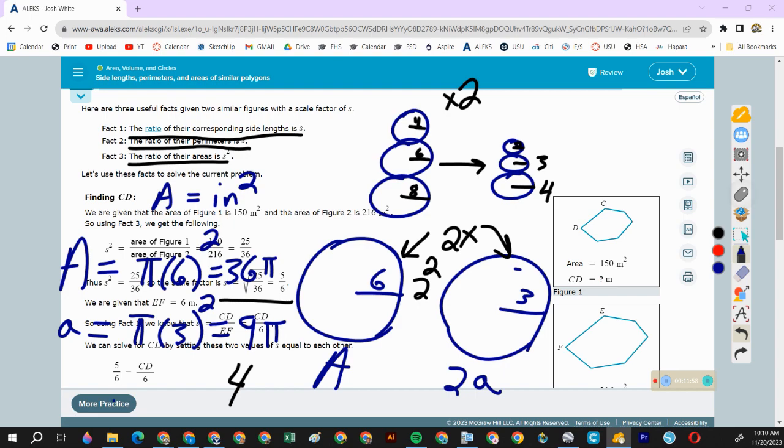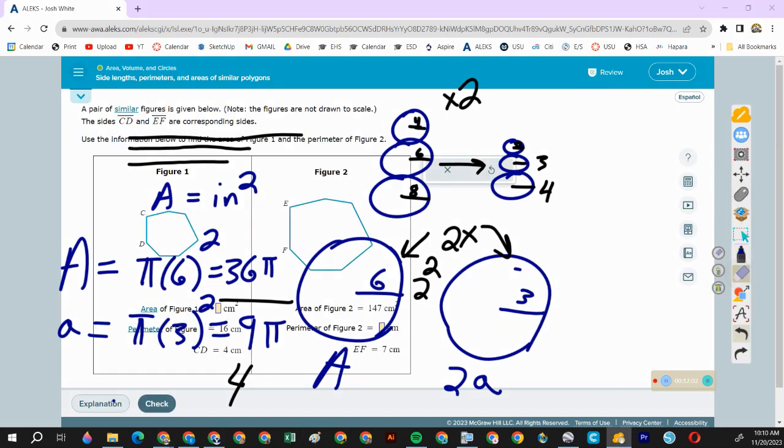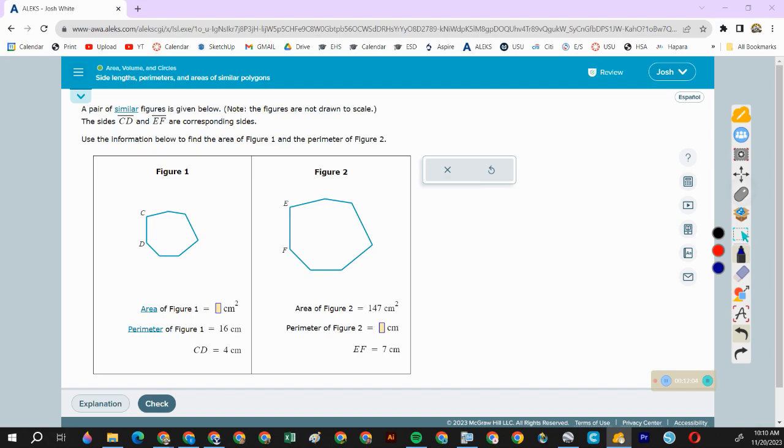Okay, so let's go back. So these are kind of tricky. All right, so the perimeter of figure 1 is 16, and the length of CD is 4. The perimeter of figure 2 is unknown, but EF is 7.